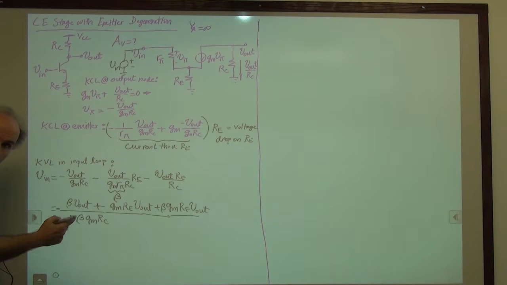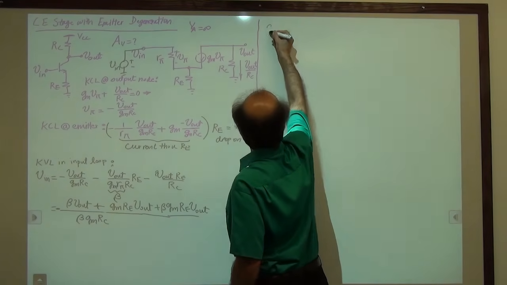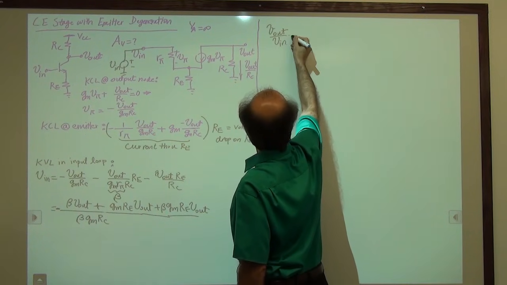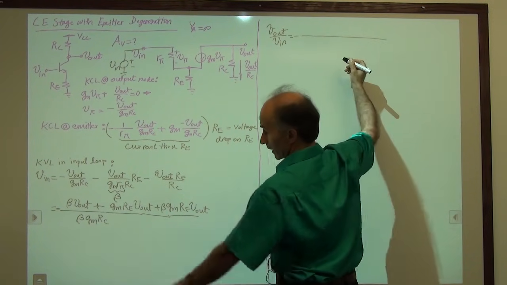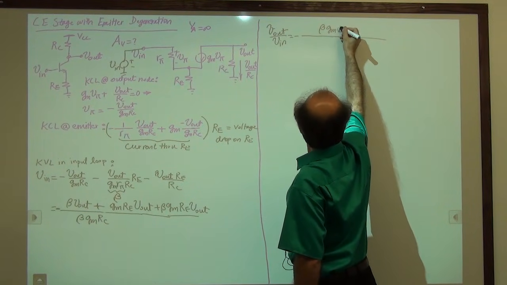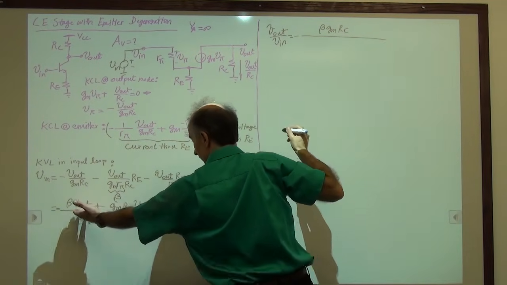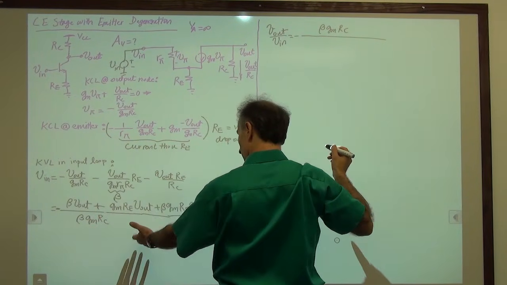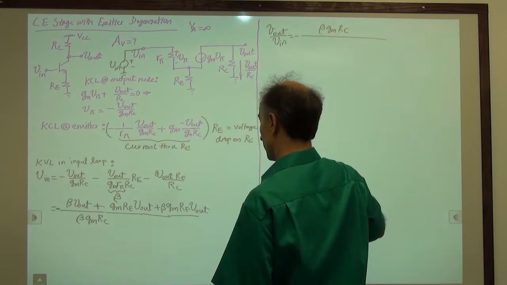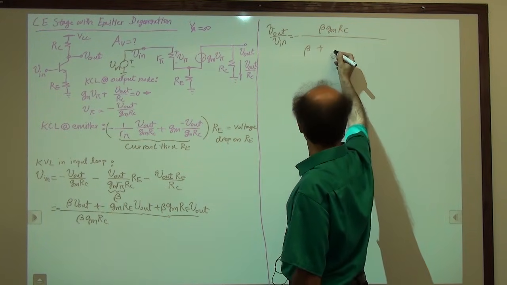So then we just factor V out and invert, and this is what we get. We get V out over V in is equal to minus beta GMRC in the numerator. And then the denominator, we have beta plus GMRE plus beta GMRE.